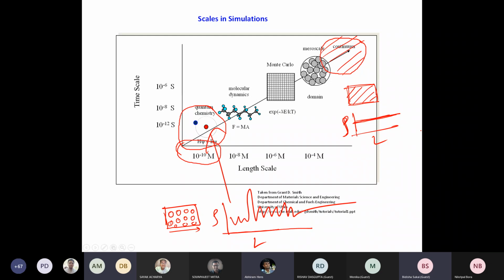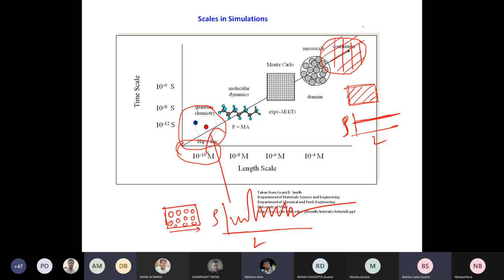And whatever fluid mechanics equations we generally study in fluid dynamics or transport phenomena courses are based on this continuum domain. Because we use differential equations, and differential equations are valid only for continuous functions. So if your density is a continuous function, then only you can apply them.